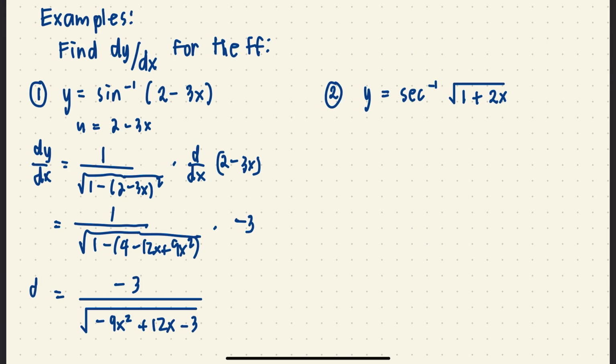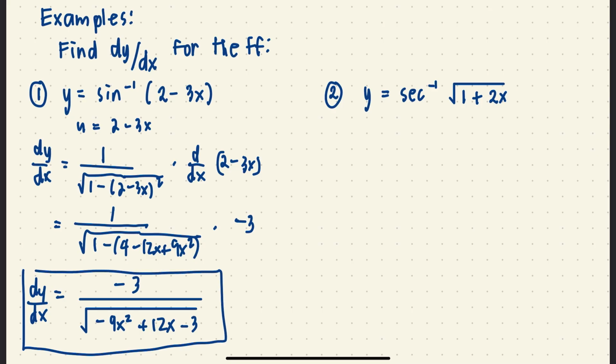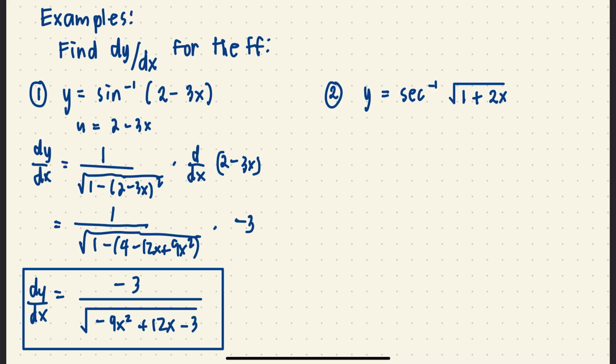And this is now your derivative, dy over dx. That is for number 1. You can pause here so you can understand the process.